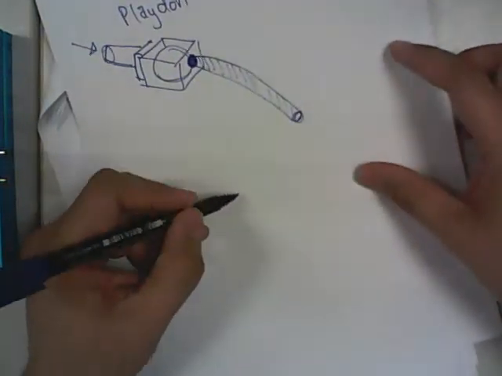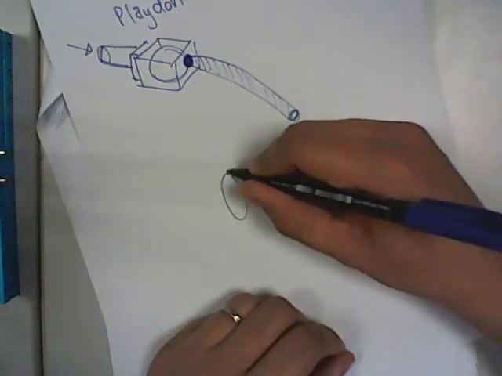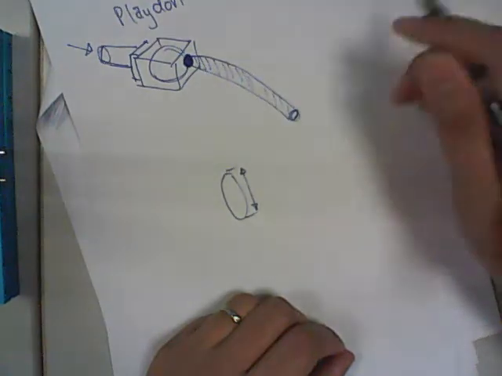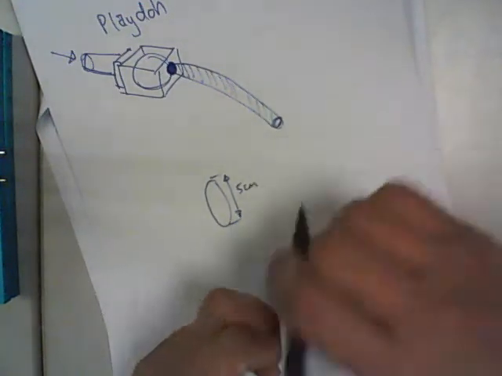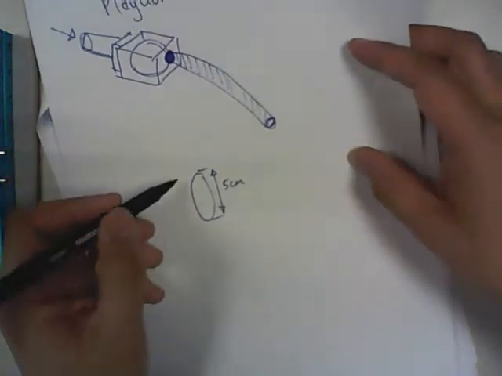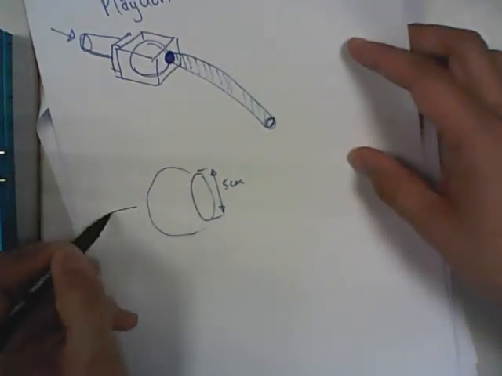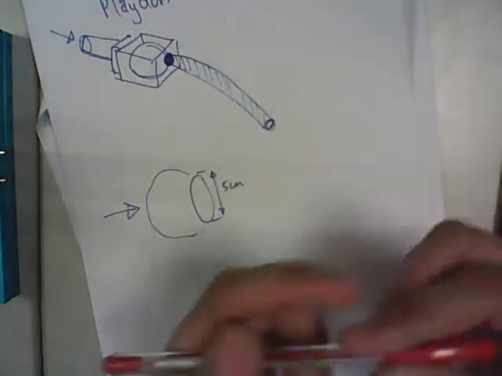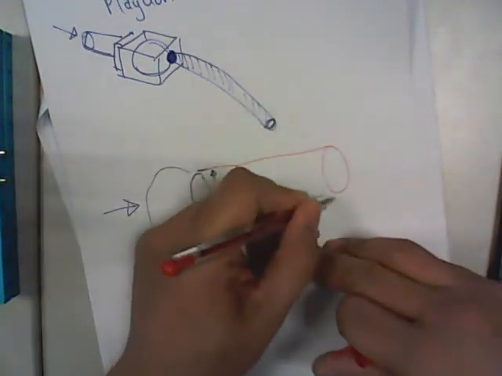So now imagine that I'm pushing out through a diameter, this is just an example, of 5 cm, and I am squeezing out plasticine from this side. So naturally the plasticine will come out in this shape.